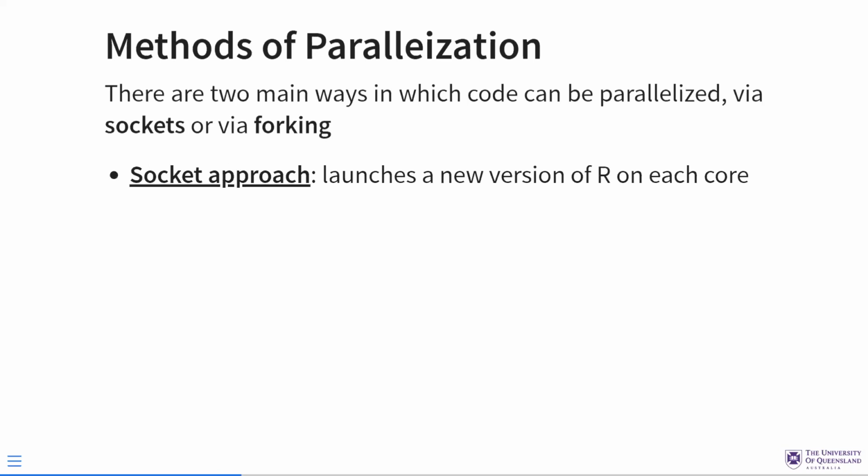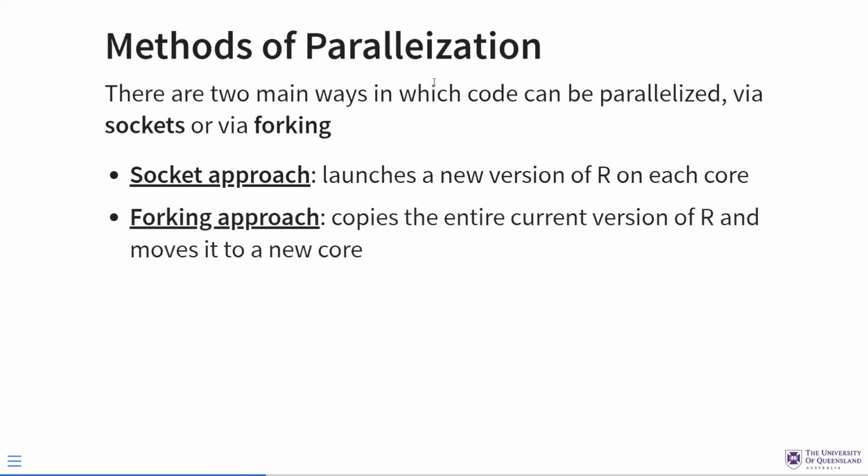As it is a new version, you have to import all the packages you have to load, because it's a clean version of R. You have to import all the variables in your code. They will not be imported by default. So you have to import them to the new sessions, load again all the packages, and so on.